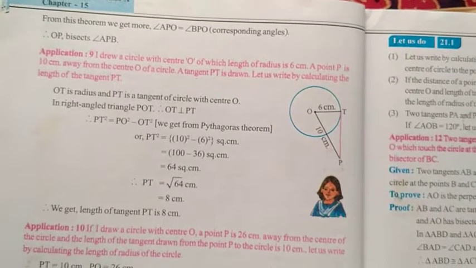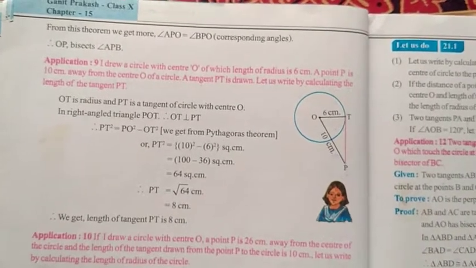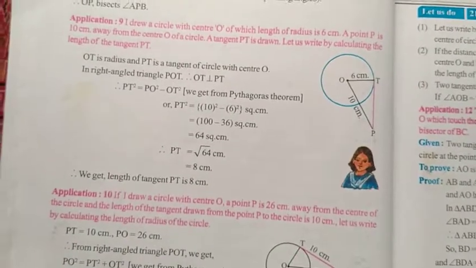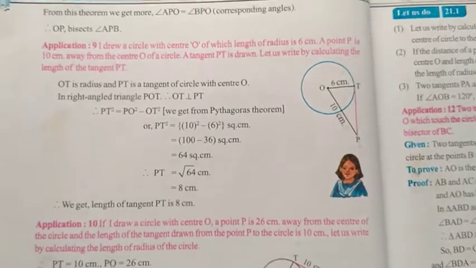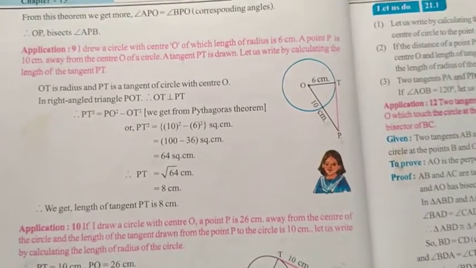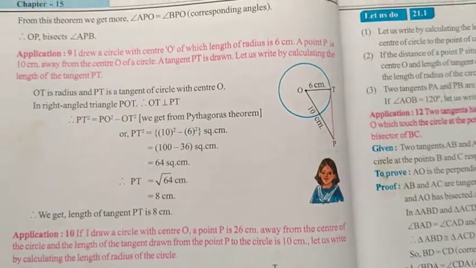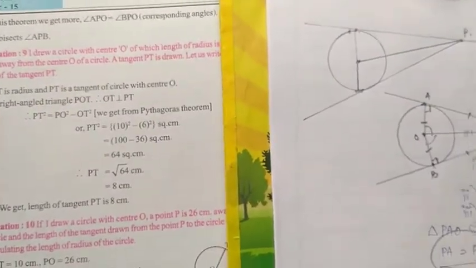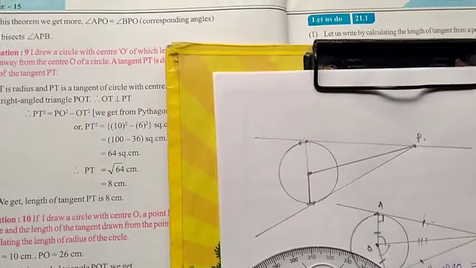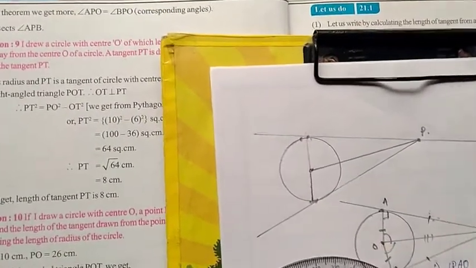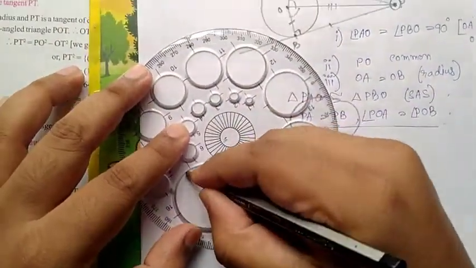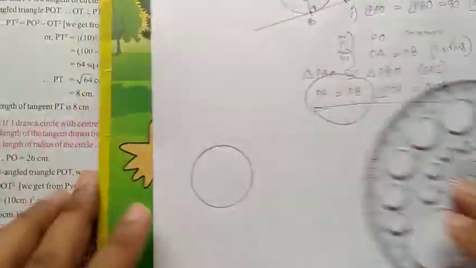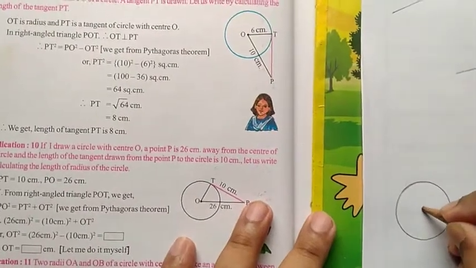This is application number 9. I drew a circle with center O of which the radius is 6 cm. A point P is 10 cm away from the center O of a circle. A tangent PT is drawn. Let us find the length of the tangent PT. So the diagram should be like this.